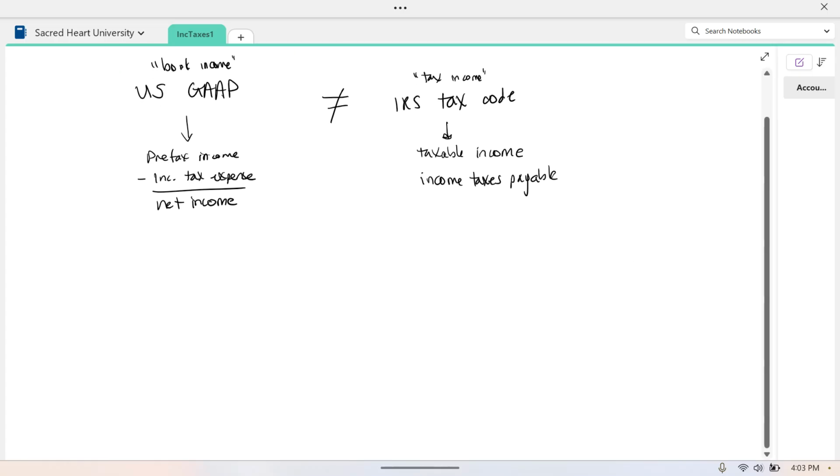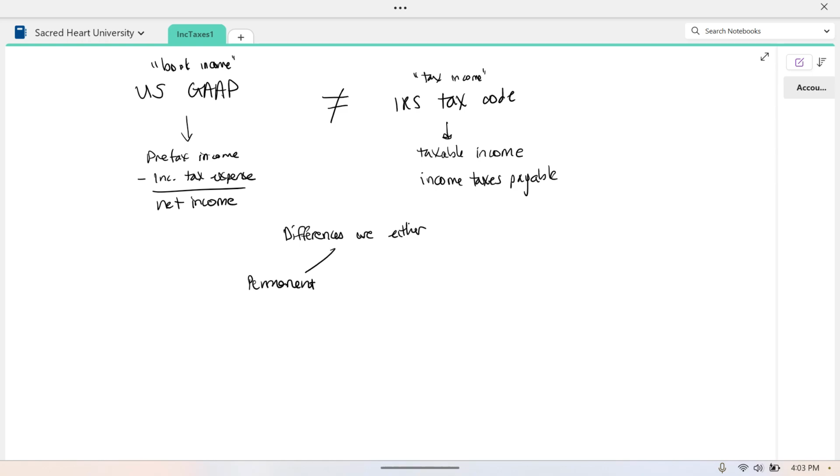And there's a lot of differences between US GAAP and IRS tax code. And the differences are either permanent or temporary. With permanent differences, a revenue item, let's say, would be included in US GAAP and never included in IRS tax code, or an expense would be included in one and not the other.